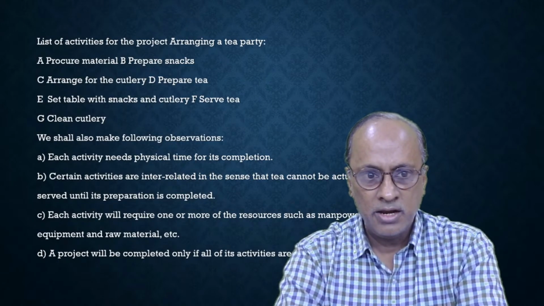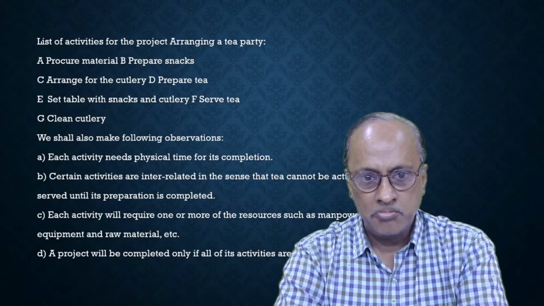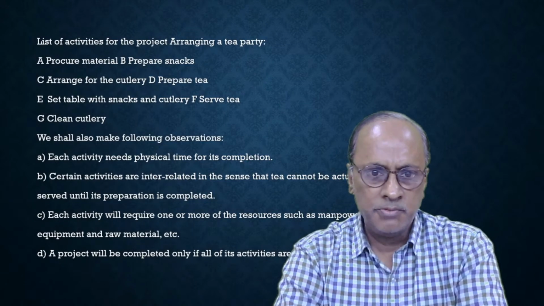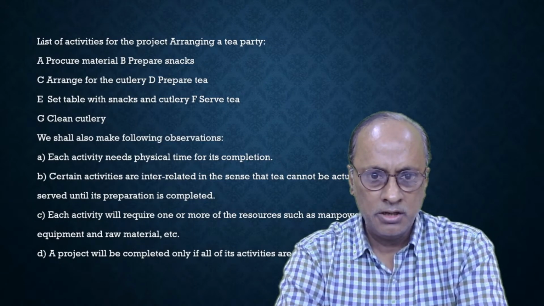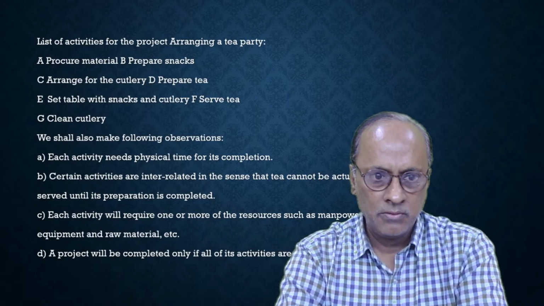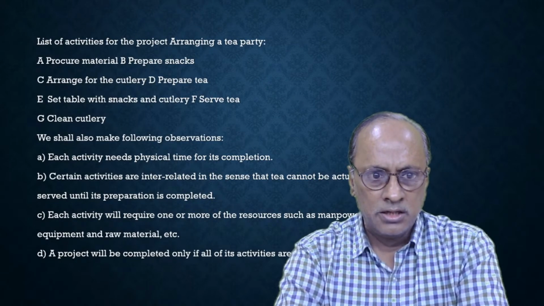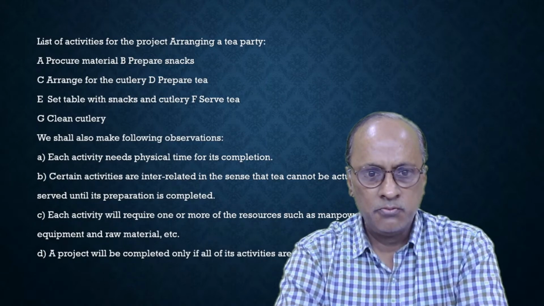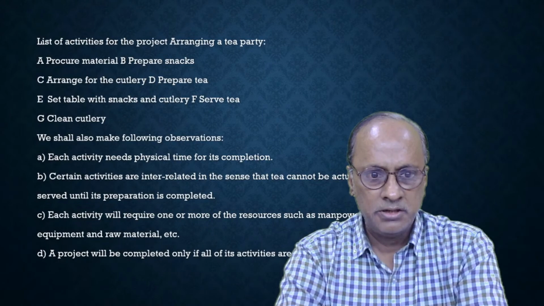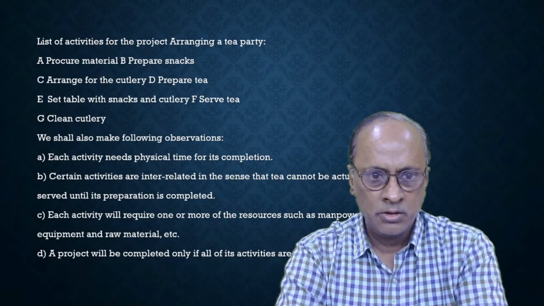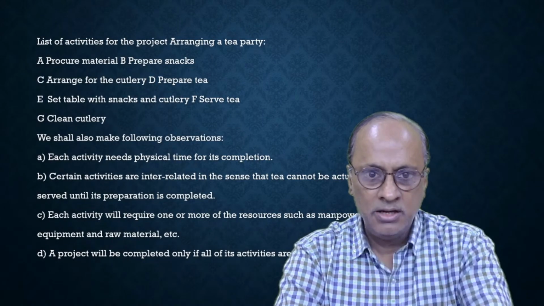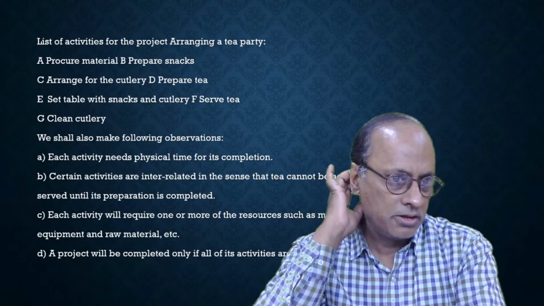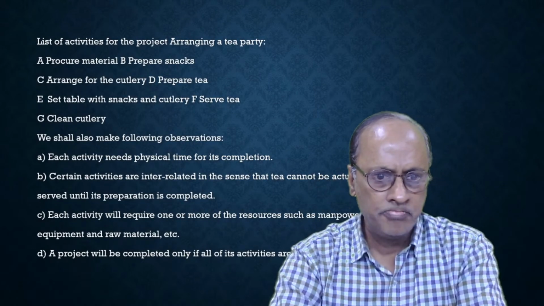D and F are interdependent. I cannot serve tea unless tea is prepared. And cleaning cutlery will arise only when the invitees have taken the tea and snacks. So unless the party is over, I cannot clean cutlery.